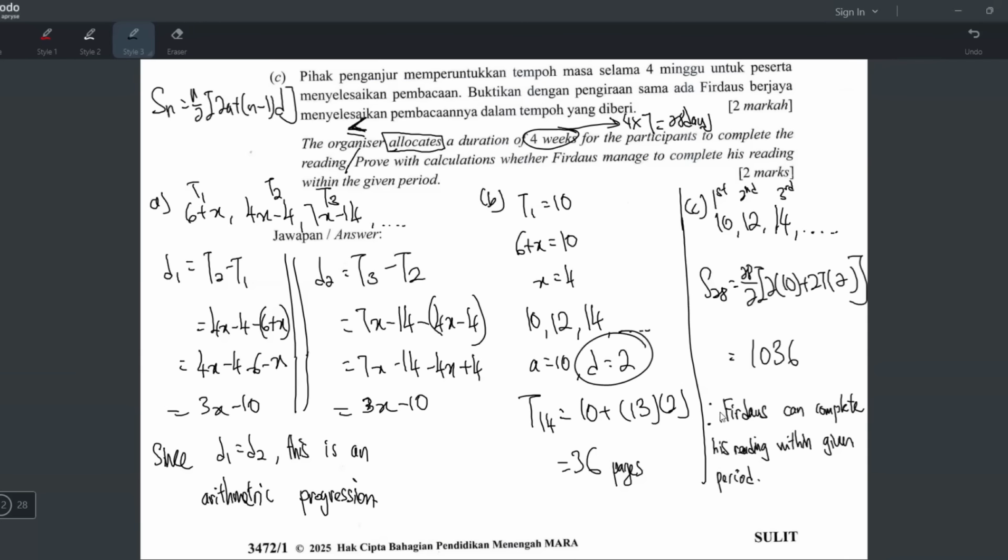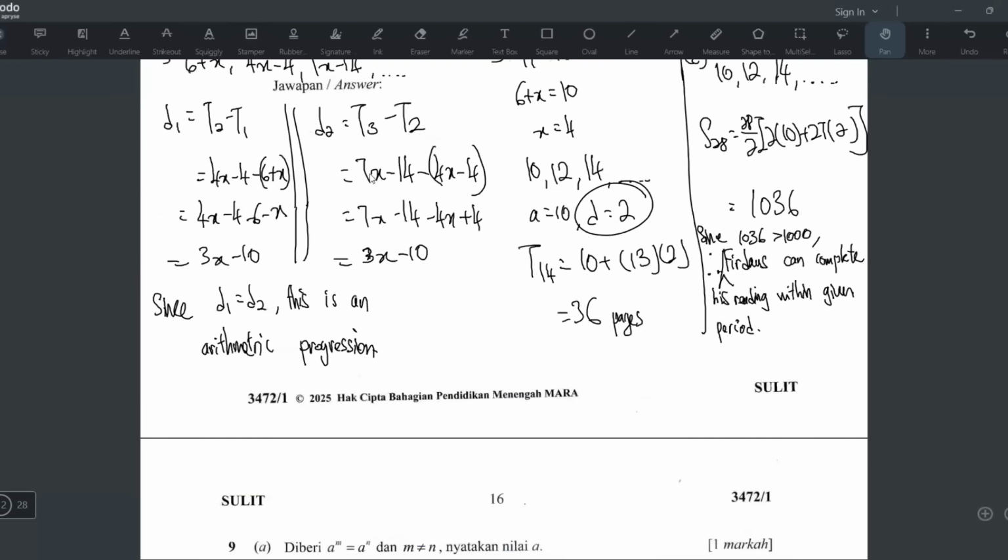I think I'll write like this: since 1036 is more than 1000, so therefore Firdaus can complete his reading. It's better to write the reason inside also, right? Okay lah, this is only worth 2 marks, so I think this is good enough already. All right, that's all. I'm done.